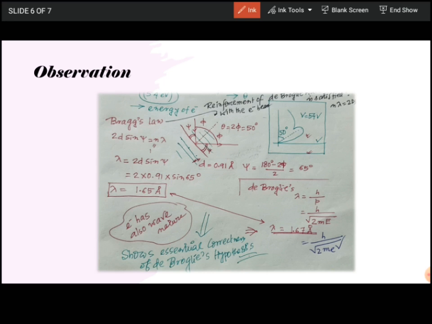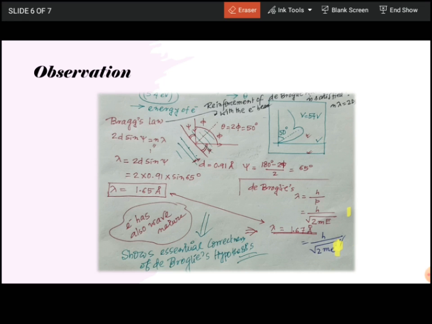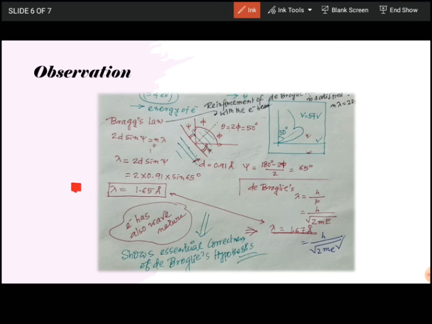Now if we consider de Broglie's equation, lambda equals h by p, which equals h by root over 2meV. If we put in the values of h, m, e and V, we get lambda equal to 1.67 angstrom, and in the previous case we got about 1.65 angstrom.